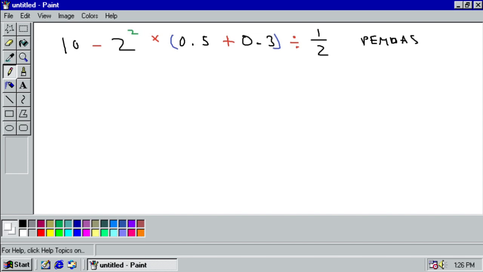So here we need to have the parentheses first. So 10 minus 2 squared times 0.5 plus 0.3, that will be 0.8, and we're gonna divide by a half.